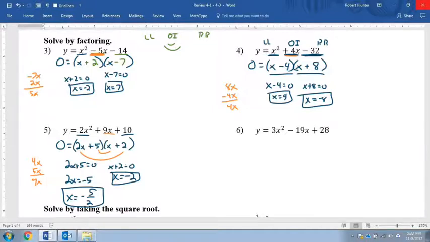Alright, now here we go. 0 equals, put up parentheses, 3. Two things multiply to 3. Well, the only options are 3 and 1, so I'll put 3x and x. 3 is prime. There's only one option. 28. That's 14 times 2, which we're getting a 19. That might be possible. But there's also 7 and 4.